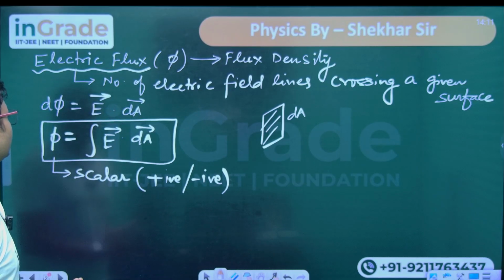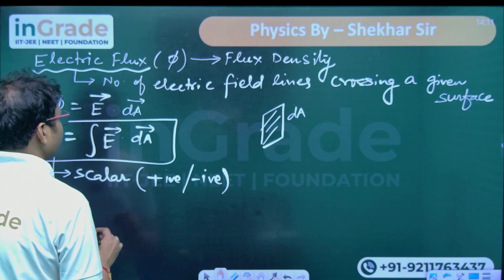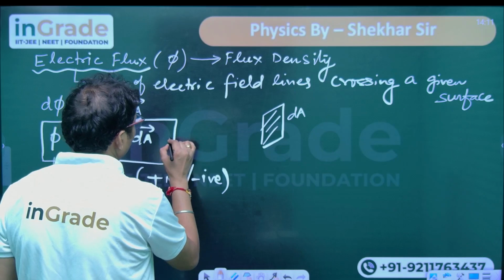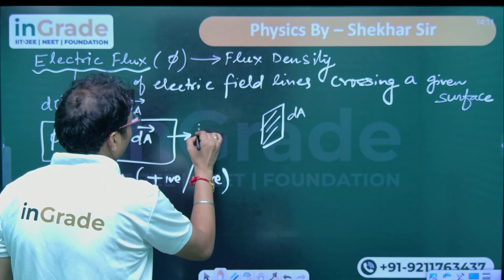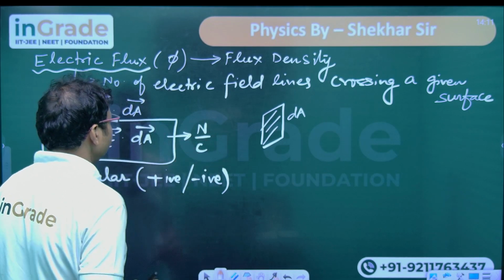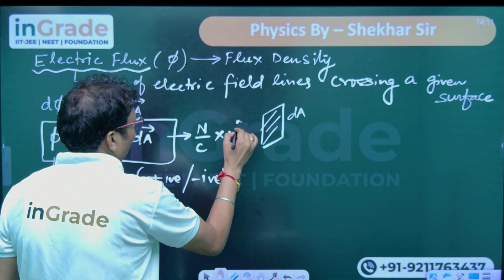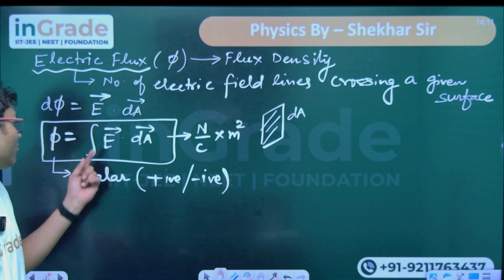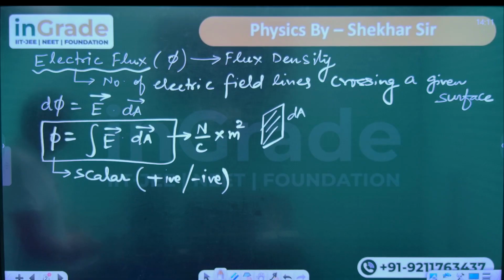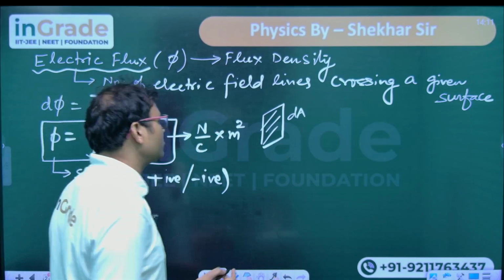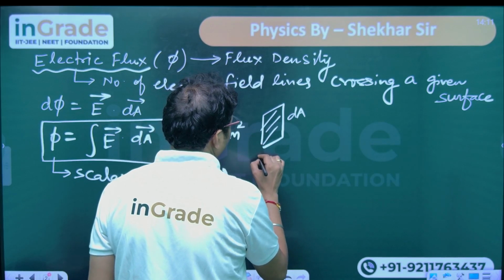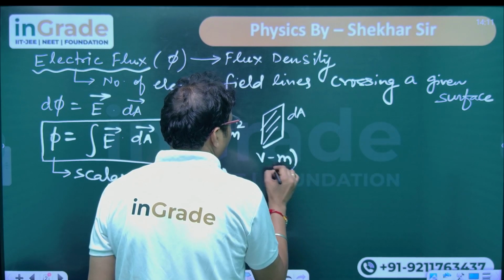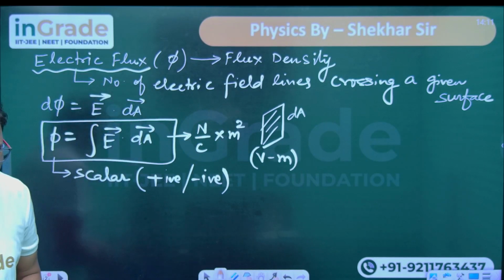The unit of electric field is Newton per coulomb, and area will be meter square, or another unit of electric field is volt per meter, into meter square. So we can also call volt meter the unit of electric flux.